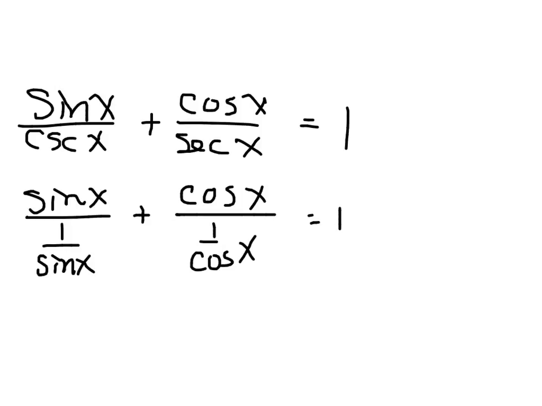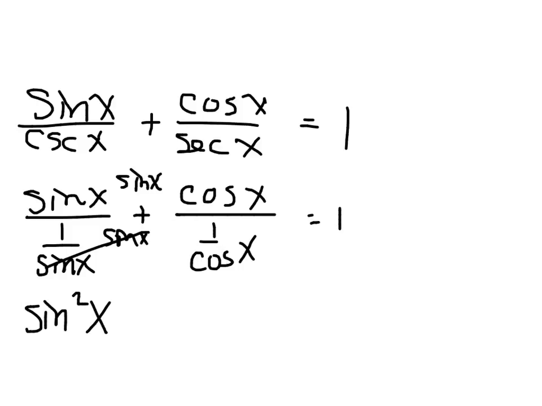How do you get rid of a fraction on the bottom like that? What's the reciprocal of 1 over sine? Sine over 1. And if you do something to the bottom, then you got to do it to the top. So what's sine of x times the sine of x? Sine squared x, for the top.